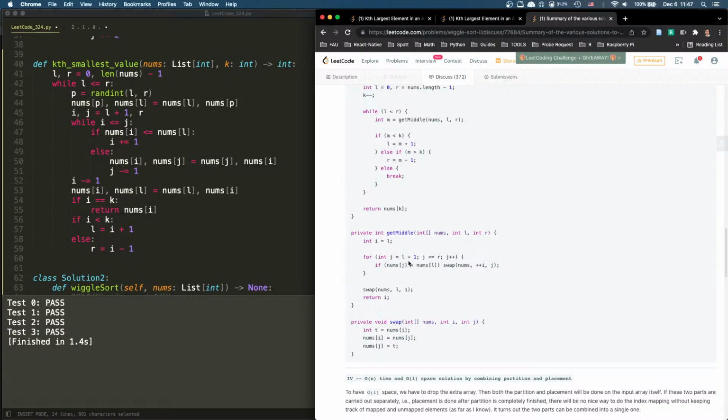So if this is smaller, then we swap. So we guarantee that the value at I's position is smaller than the one at L. So we put the smaller one here, and whatever is at the front will come to me. And what we're saying is that value will also be smaller.